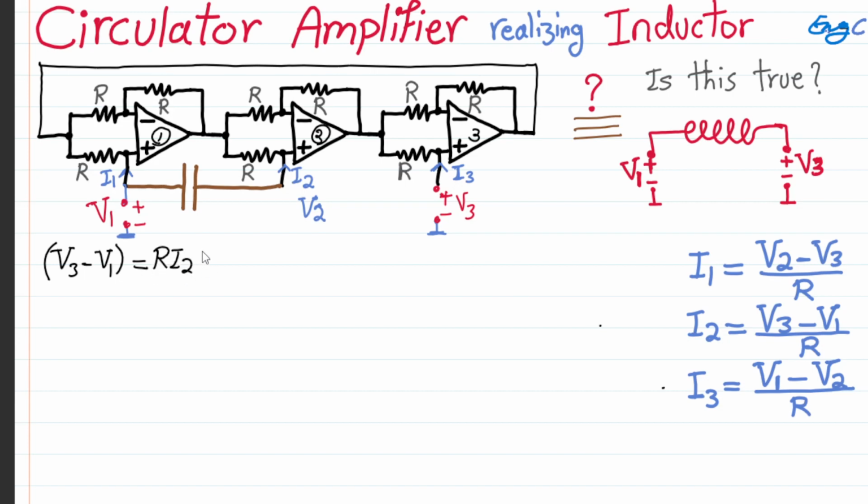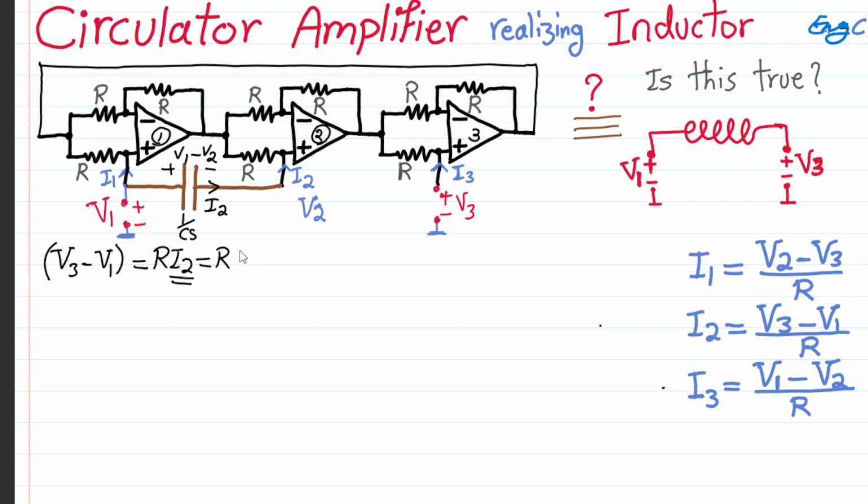Now, for I2, it's the current that is passing through this cap. So naturally, it's a function of the capacitor impedance, which is 1 over Cs, and the voltage difference on this cap, which is V1 minus V2, as you can see, cap between port 1 and port 2.